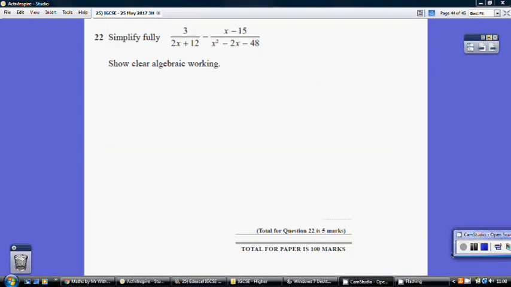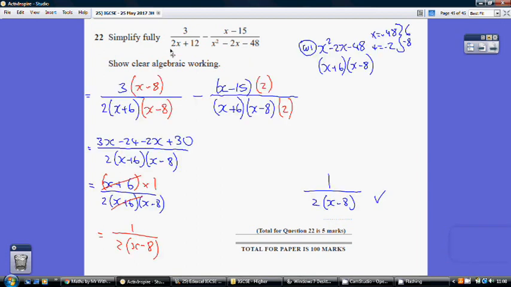And finally, question 22. So our approach here is going to be to factorize this as much as we can to start with. So my denominator here I can factorize by taking 2 out, giving me 2 bracket x plus 6, because 2 times x is 2x and 2 times 6 is 12.